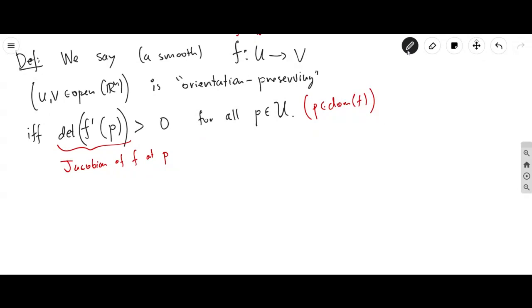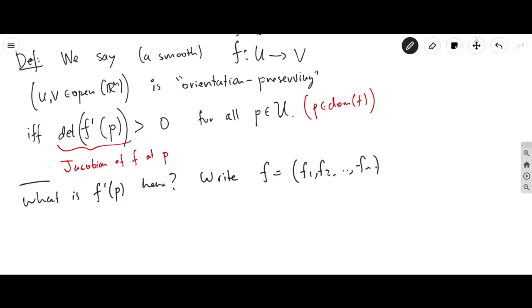And then what is the derivative here? So what is f prime of p here? It would mean that you're going to write f into components. These are called component functions.